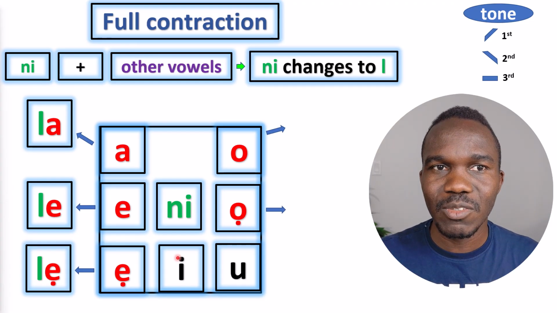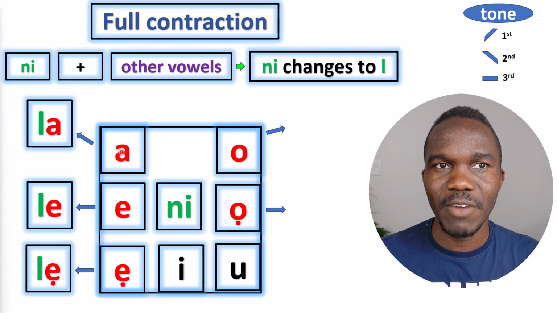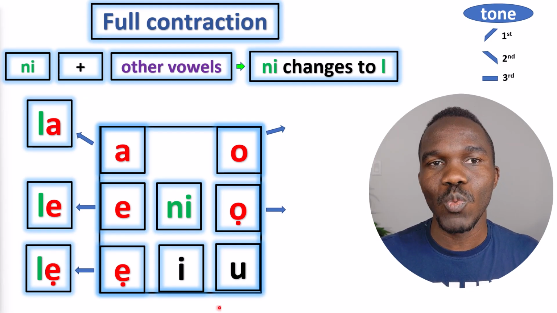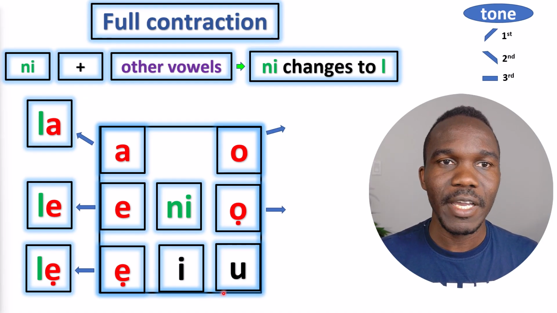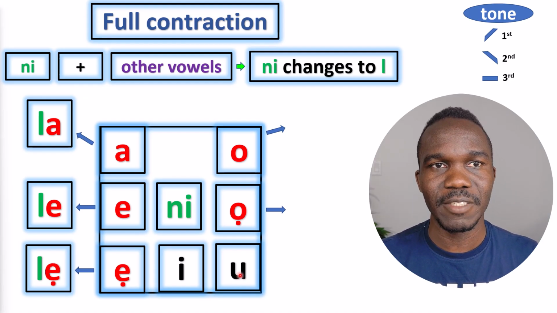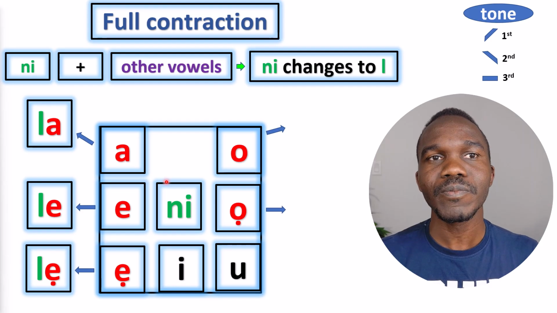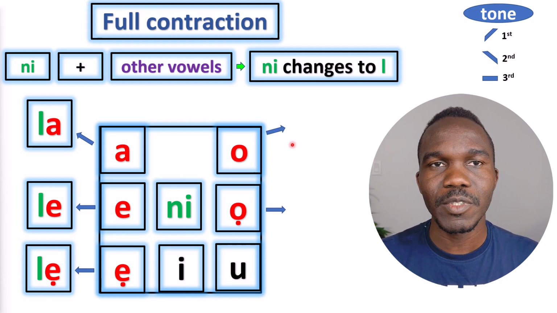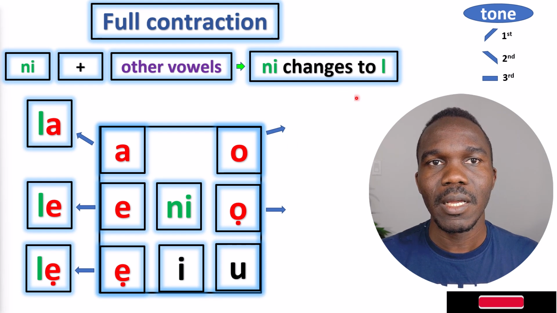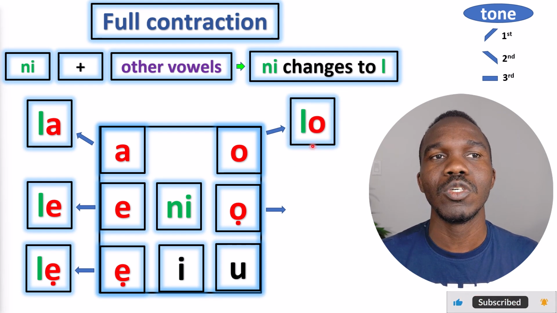So we're going to skip that. You remember we have a, e, ẹ, o, ọ, u. For u too, it doesn't apply. But for o, if ni and o join, what does it become? It becomes lo. Good.